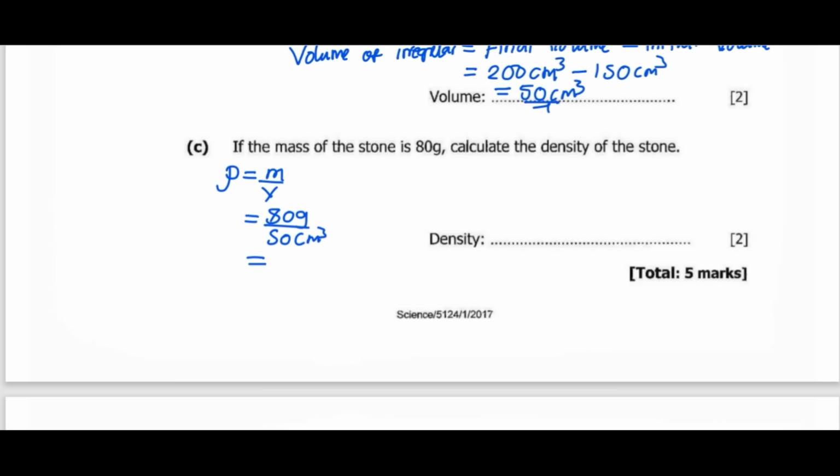So we have 80 divided by 50. My answer is 1.6 grams per cubic centimeter. So this is our answer, 1.6 grams per cubic centimeter.